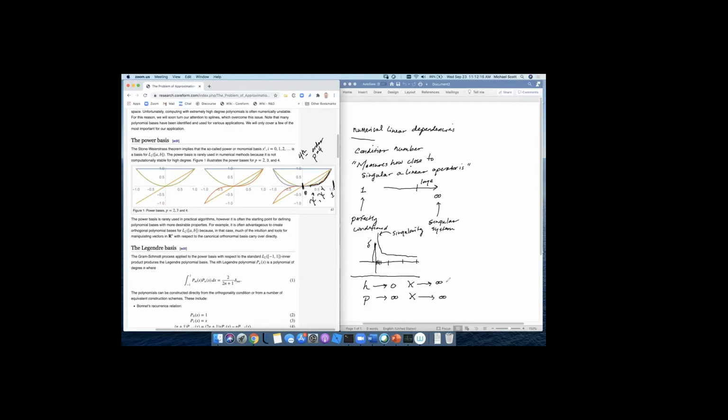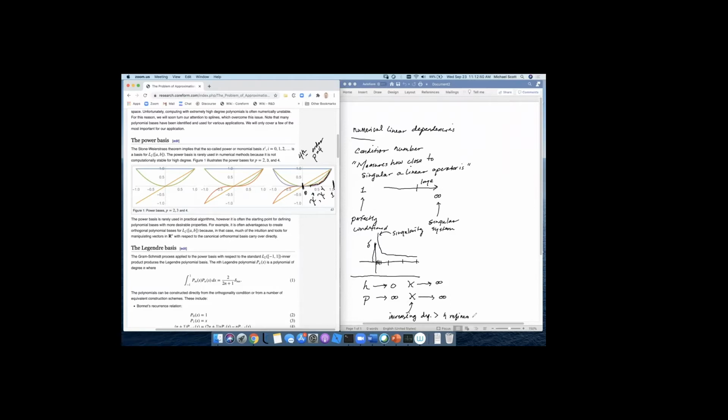The rate at which the condition number goes up for H refinement versus P refinement is that the condition number goes up much more quickly for increasing degree. So as you increase the degree, the condition number grows more quickly than with just H refinement.